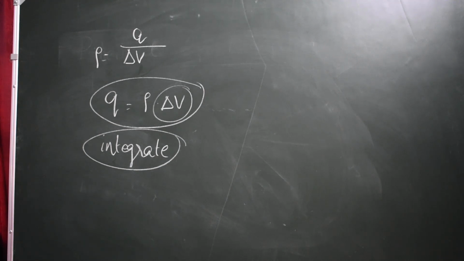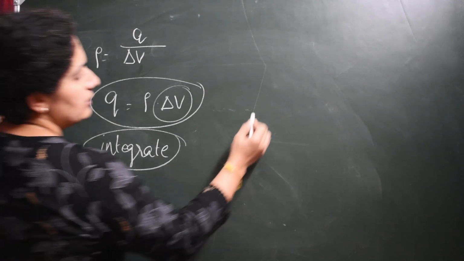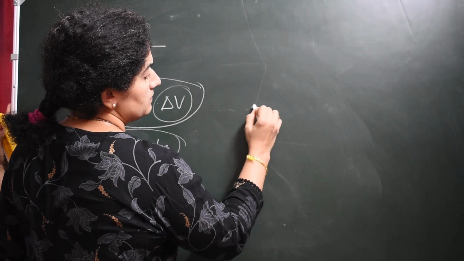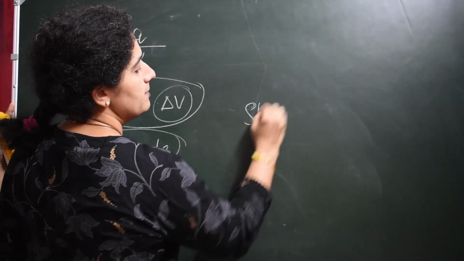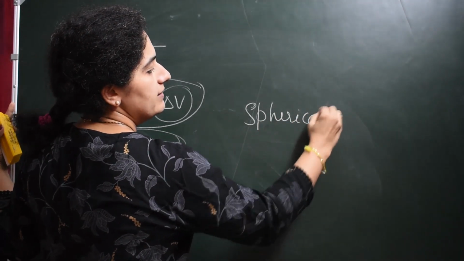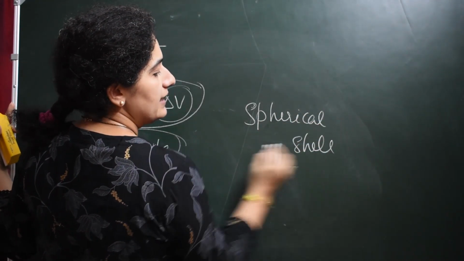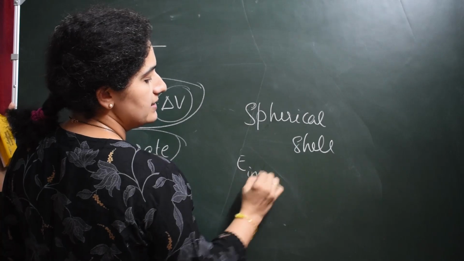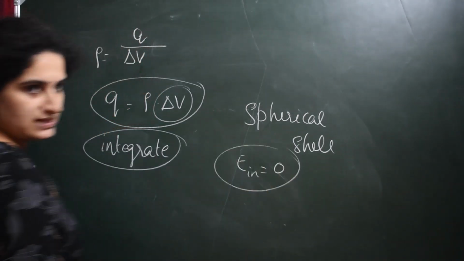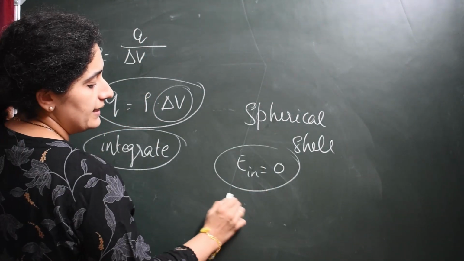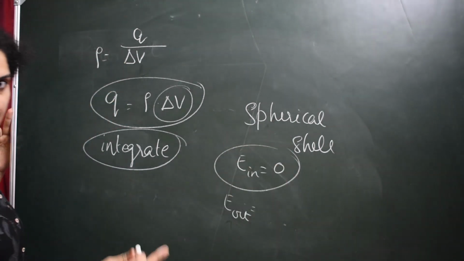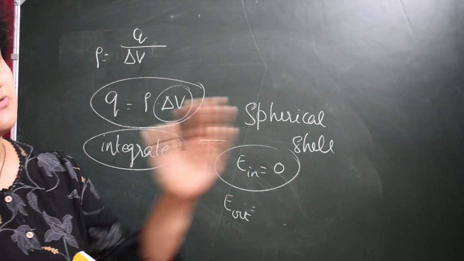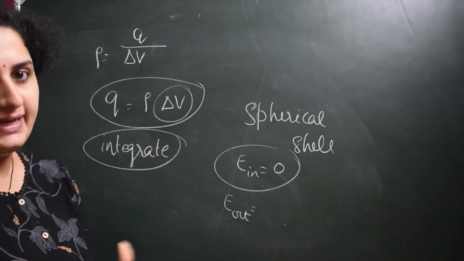So in the electric field, when we consider an equally distributed spherical surface or spherical shell, the electric field inside is taken as 0. And the electric field outside, what did we consider? It is taken as the same or equidistant from that particular radius. Correct?